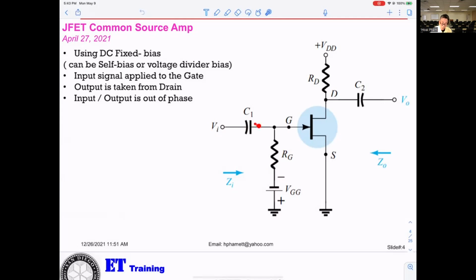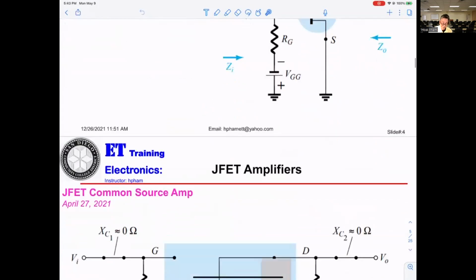The signal goes through the C1, and then it can go to the gate. And input impedance means from the input Vin, looking into the JFET, that's the input impedance. And from the output here, looking into the JFET, that's what they call output impedance.